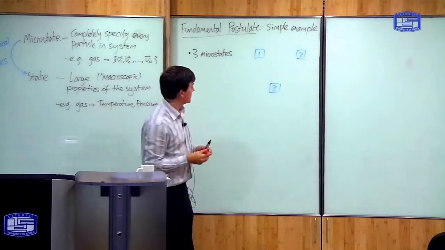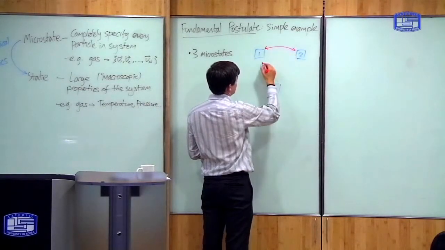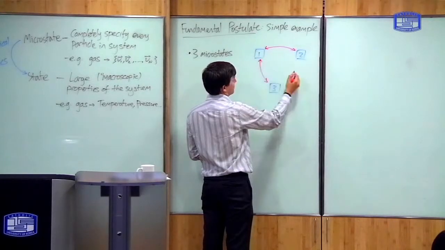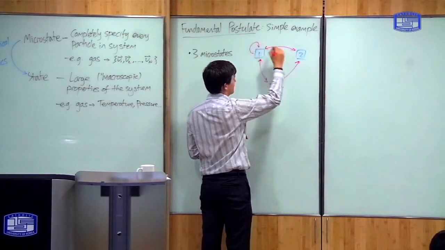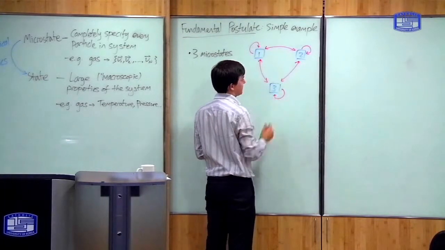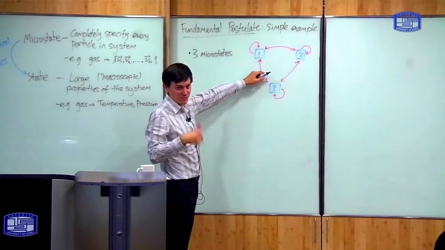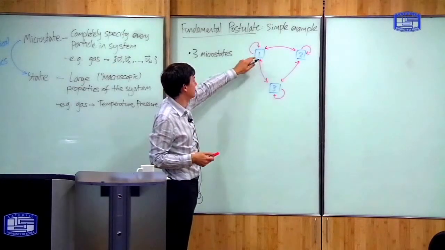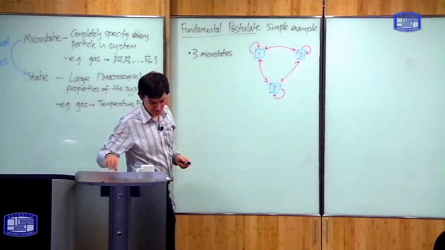And I suppose I can scatter between them, so if I'm in this state, I can go this way or that way. I can go this way or that way. And I could also scatter back into the same microstate. So this is a very simple version of that network I showed you on the PPT. There are 3 microstates, and there are various ways of scattering between them.